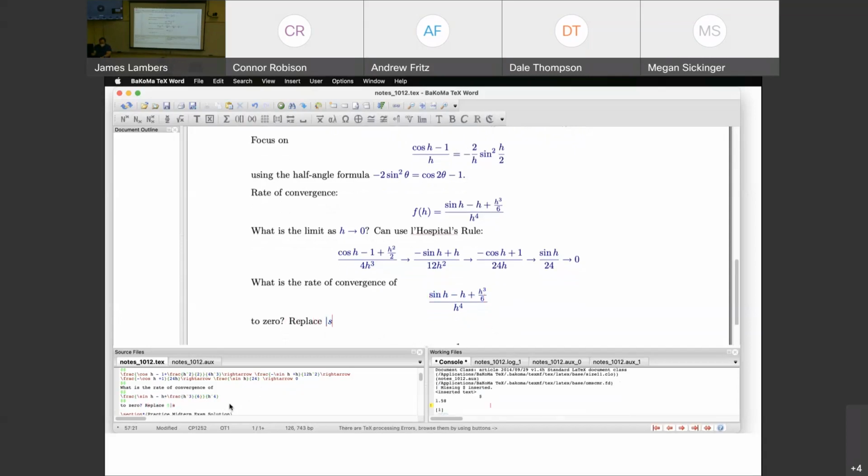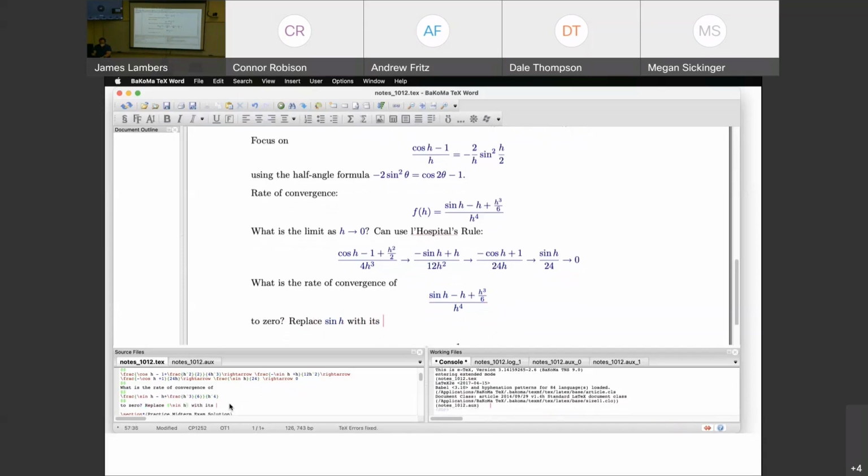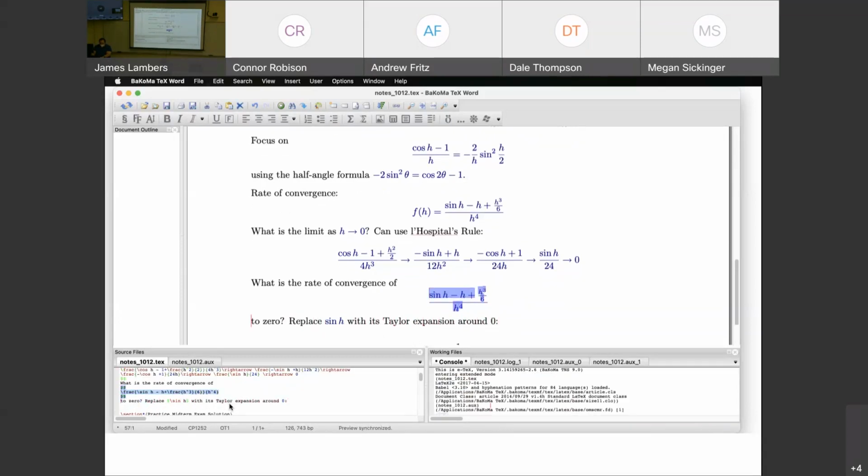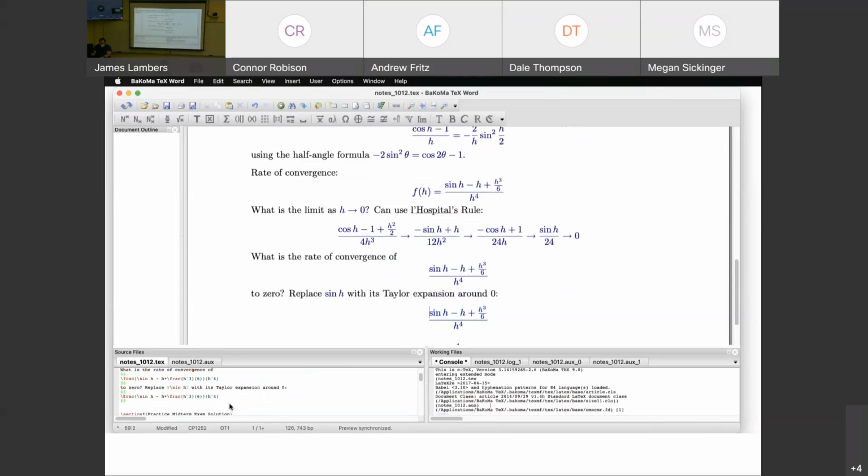The sine is the only part of this that is non-polynomial. Now, to start to fill in the expansion, we want to make sure to go out just far enough. The first term of the Taylor expansion of sine is h, and we see that that's going to cancel with the h here.